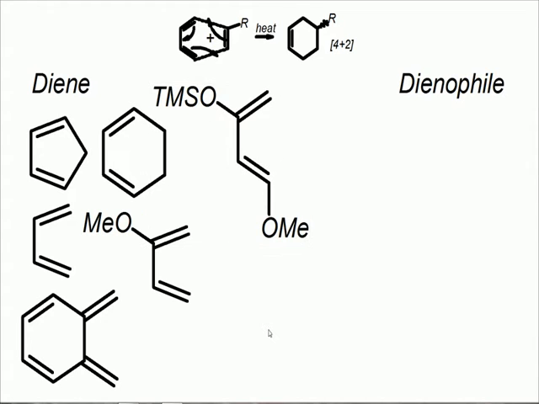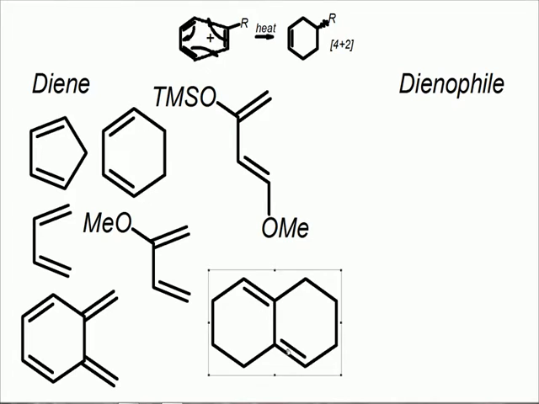Now, I promised you that we were going to see some dienes that don't work. Here's one of them. So this is a diene, right? There's our two double bonds, but this doesn't work because the double bonds are trans to each other across this single bond here, and it's locked in because they're rings.